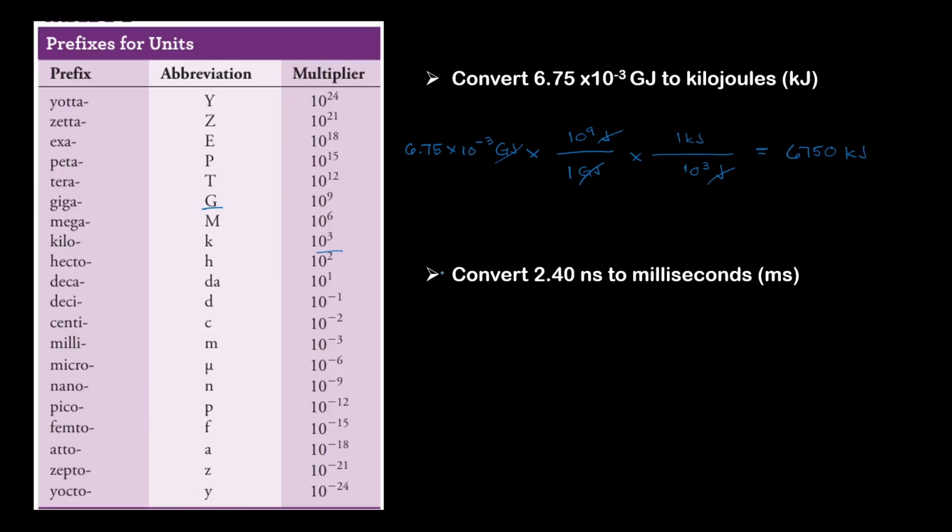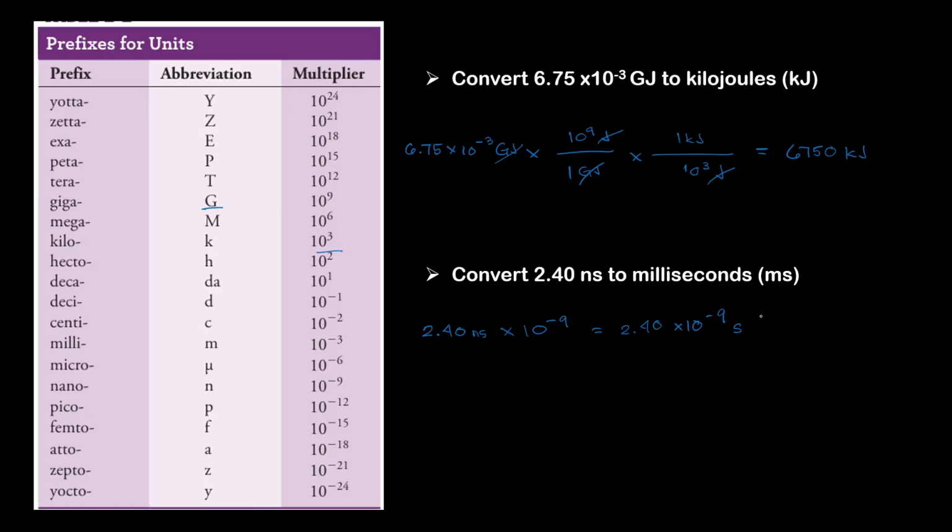So in this example, we must convert 2.40 nanoseconds to milliseconds. Milliseconds, not seconds. So let's start with 2.40 nanoseconds. If we look at here, what is the value of 1 nanosecond? That would be 10 to the negative 9. So simply times 10 to the negative 9, and that would be 2.40 times 10 to the negative 9 seconds. So from nanoseconds, we now have seconds.